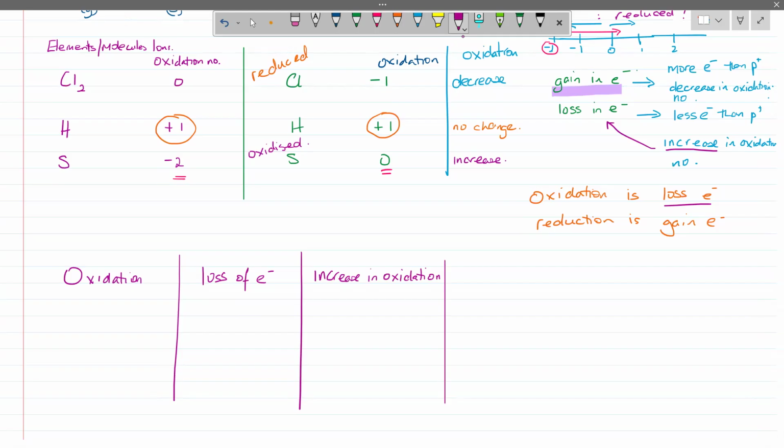Agreed? So we could identify an increase in oxidation number as a result of a loss of electrons, and that would imply that oxidation occurred, and that particular element was oxidized. Yeah? More thumbs up if you agree with that.